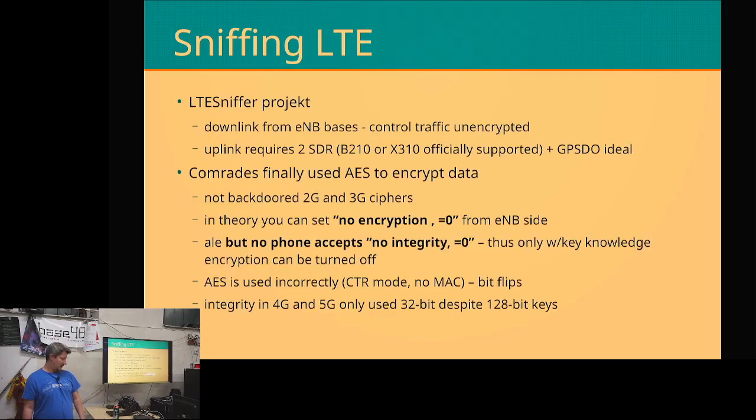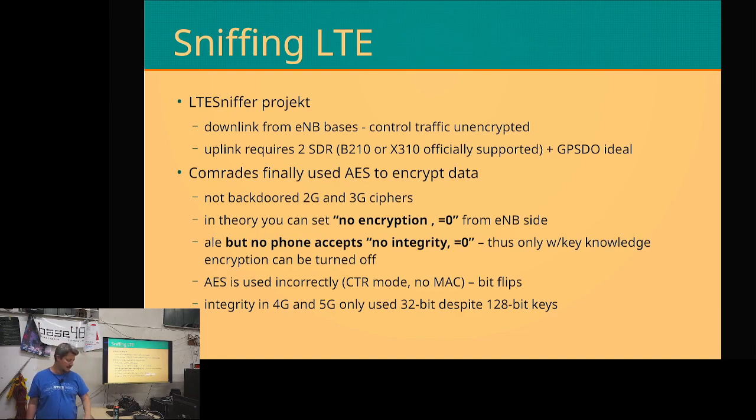Yeah, and how to sniff it? Well, fortunately, you have an open source srsRAN fork. It's called LTE sniffer. If you want to sniff downlink from the base stations, you just need one radio. If you want to sniff uplink, then you need two radios which are connected through a clock, because each needs to be tuned to a different frequency.